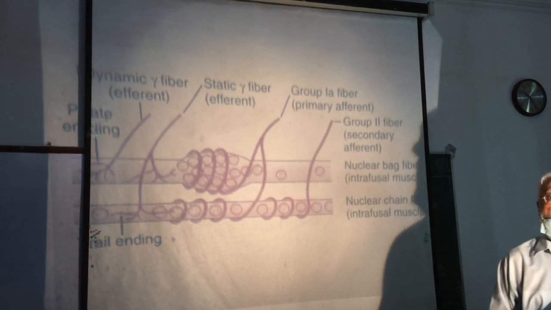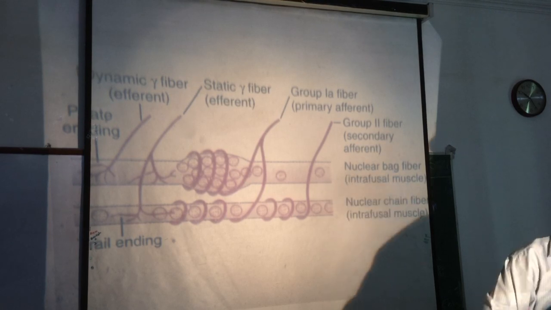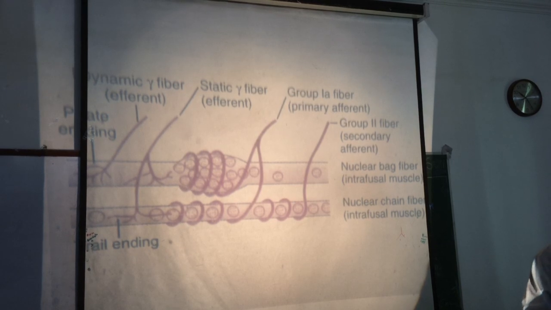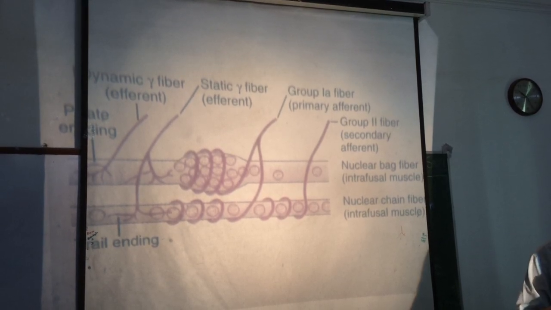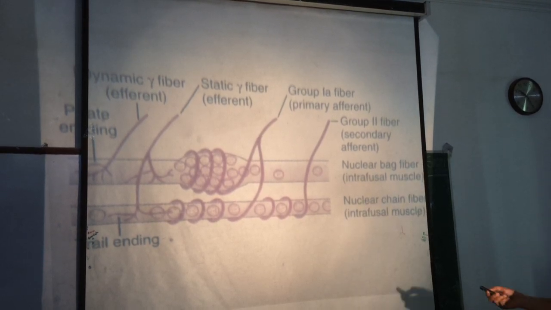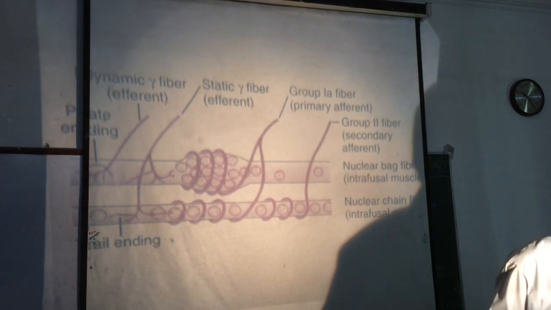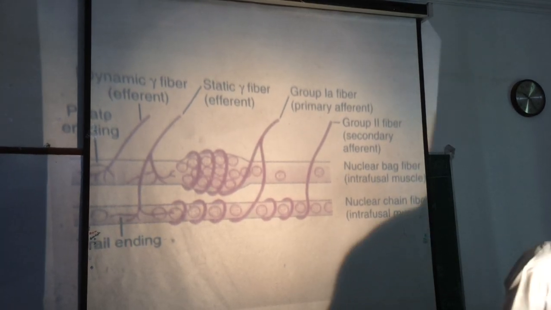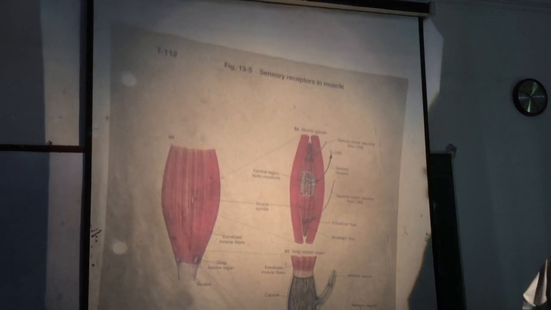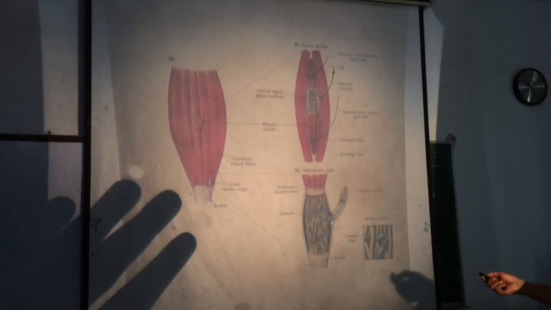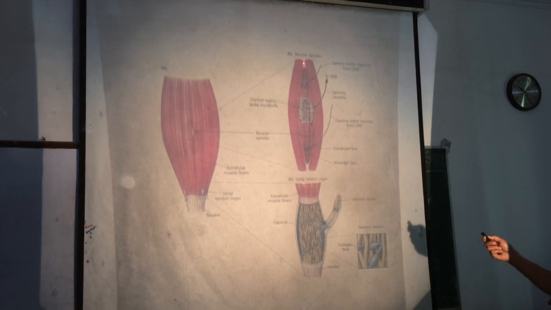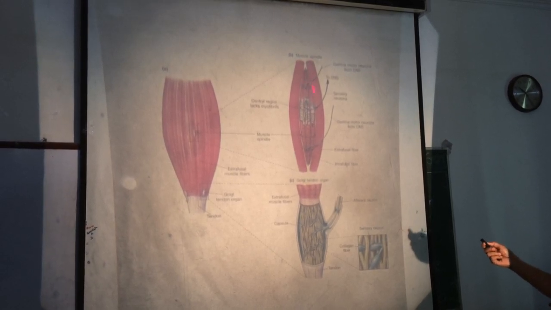Now, in the intrafusal fibers, the end portions contain actin and myosin filaments. So the end portions are contractile.